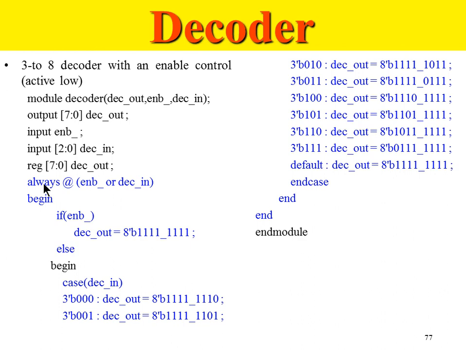So since we have three select lines, 2 to the power of 3 will give us the number of outputs, which is 8.